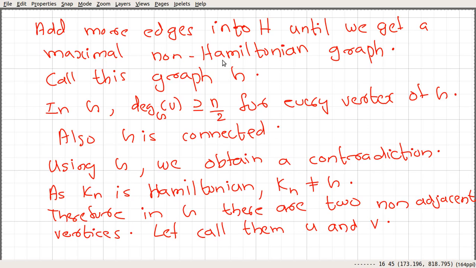Remember these vertices are non-adjacent, so they are not connected by an edge, and G is a maximal non-Hamiltonian graph. So if you add one more edge, then immediately this graph will become Hamiltonian.